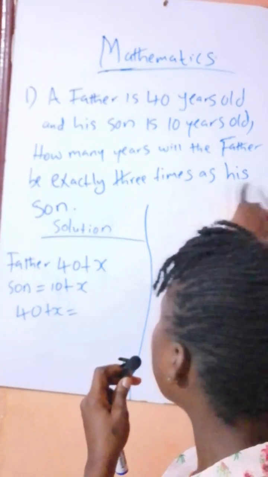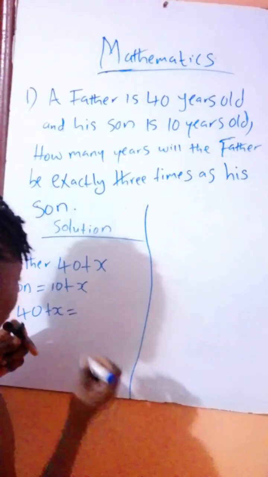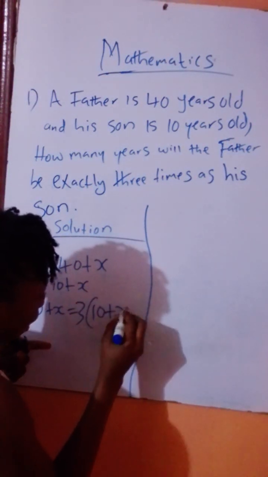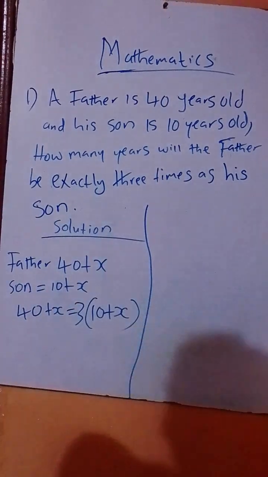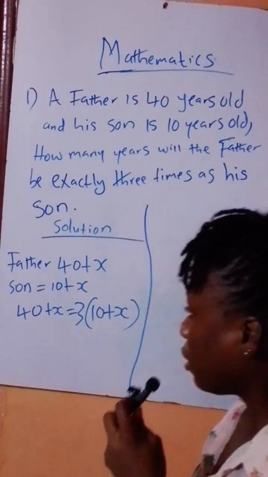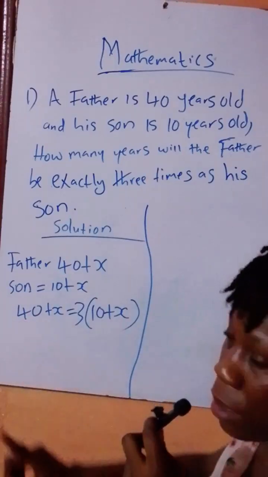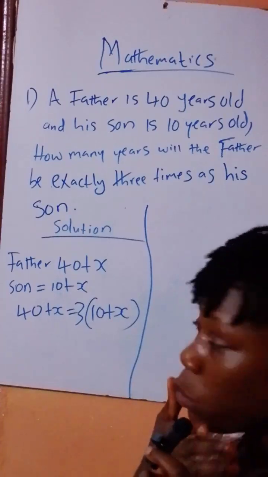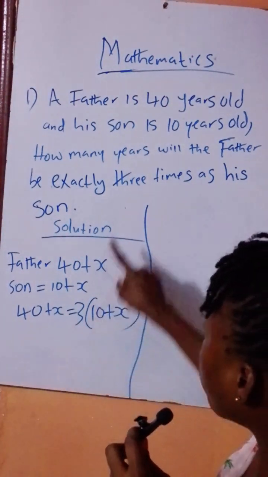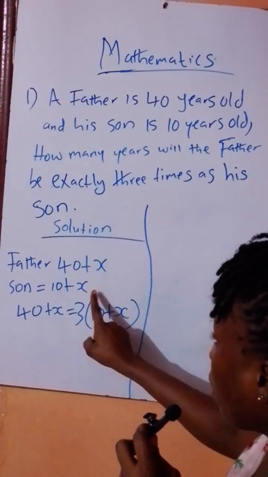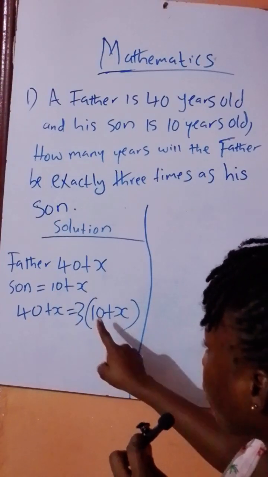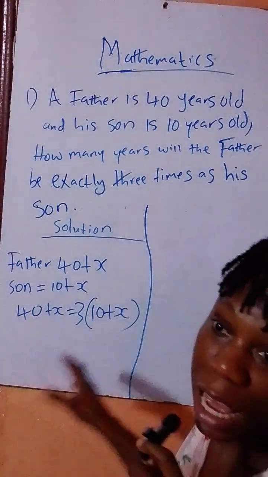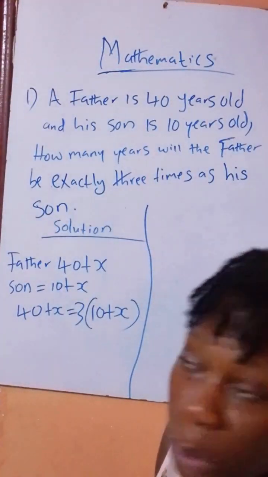This 3 times as his son, we write the 3 here, bracket 10 plus S. Then we have 40, his father's age, plus S, the years that we do not know, equals 3 bracket 10 plus S. The 10 is the son's age and the S is the years that we do not know.